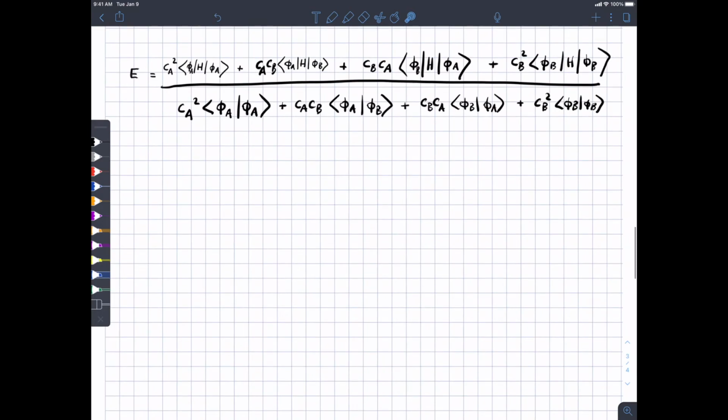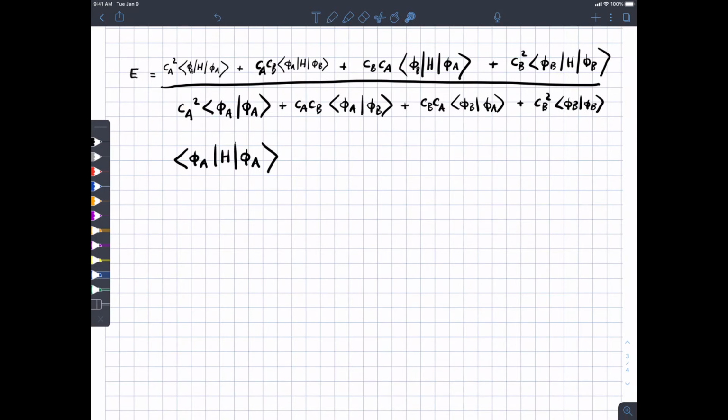Now what we're going to do is clean this up a little bit. Because we don't like writing out stuff, we're going to make even more brief abbreviations.